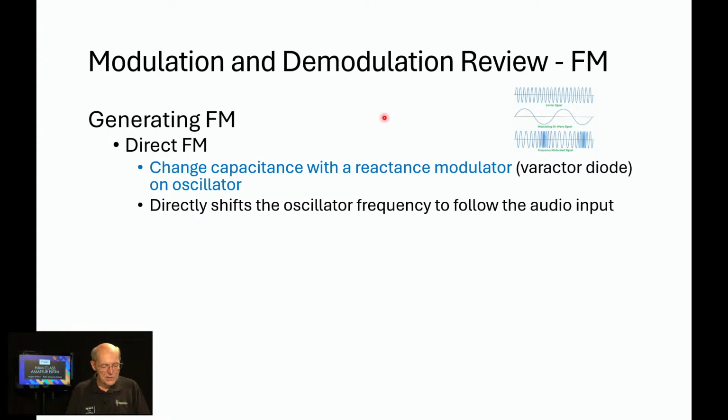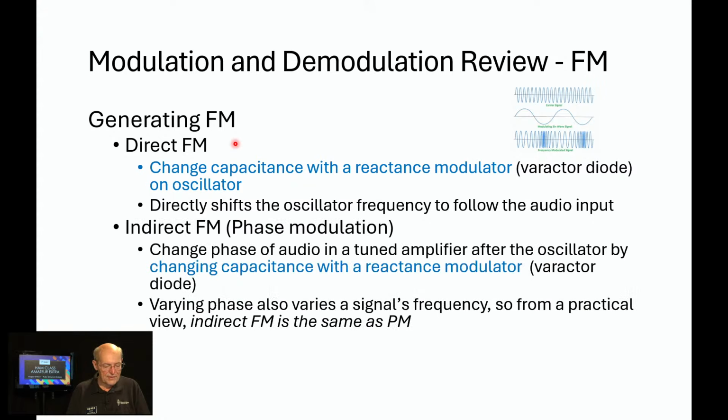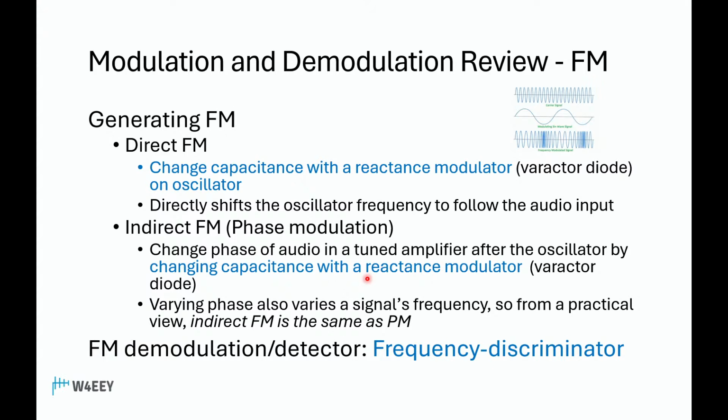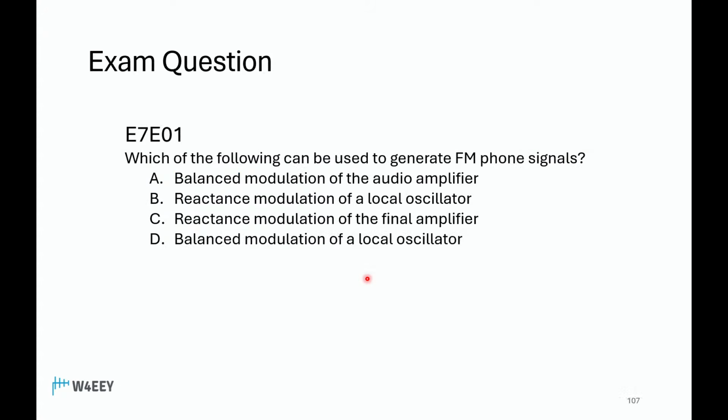Generating FM, just reviewing these to bring it all together. In direct FM, we're changing the capacitance with a reactance modulator at a stage after the oscillator. We already talked about that. And we use a frequency discriminator to detect FM.